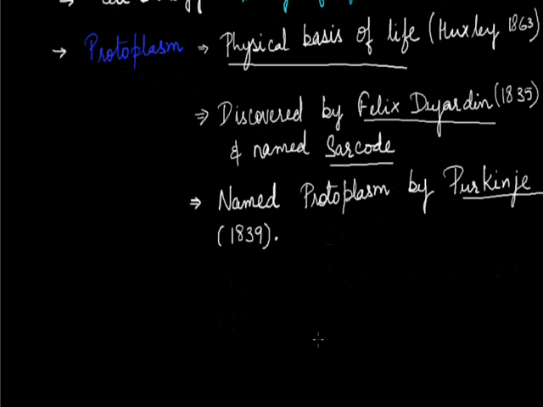Regarding its composition, the protoplasm is a very complex mixture, consisting of various organic and inorganic substances as well as water. So, chemically it can be called a mixture of mixtures.